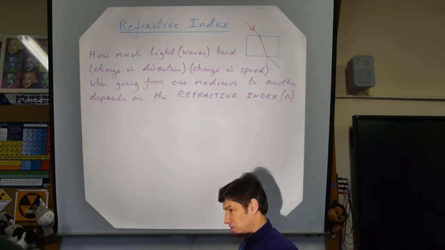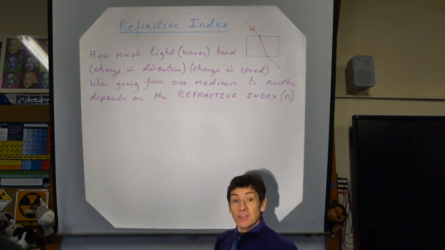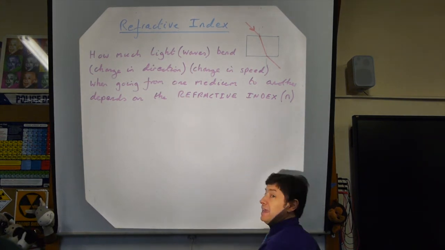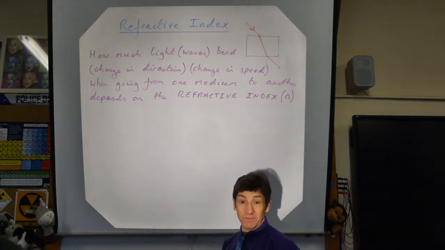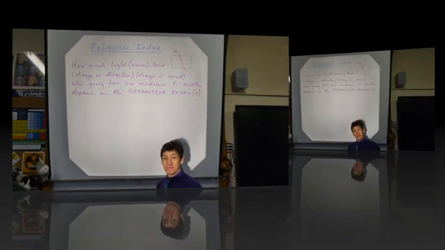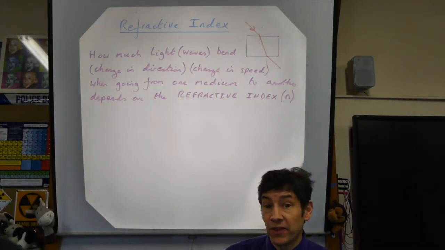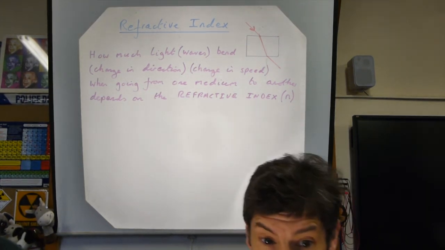Now I'm going to try and stick to the word refractive index. So what we'll do is have a look at what this n is and whether it has dimensions, units or not. I told you that n tells us something about the speed of waves or light through media.